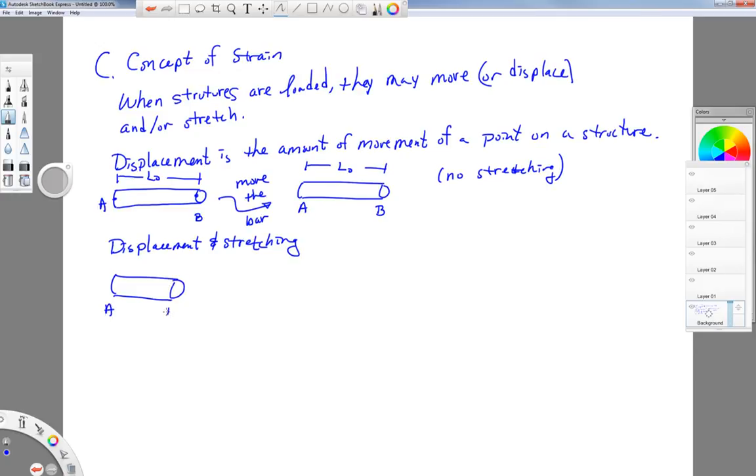Here's point A and point B. And we can put some loads on it as well as picking it up and moving it over here. And exaggerate this deformation so we can see it easily. And my points A and B move and stretch out.